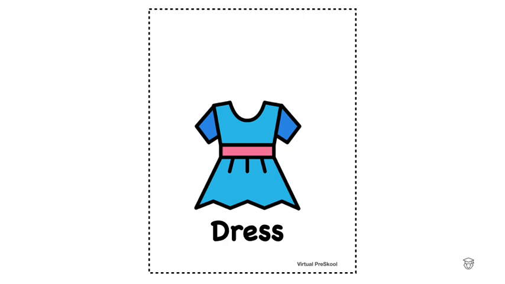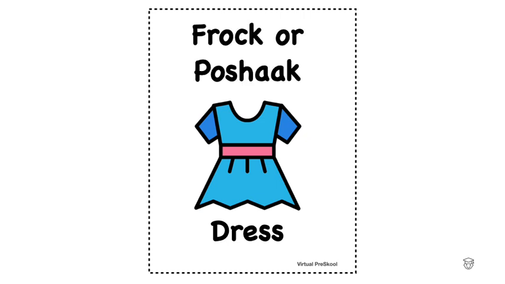All right, let's do the next one. Dress is frock or poshak. And while it's not quite an obvious ullu because it doesn't end with an aa or an ee sound, a good guess for this is that it's stri. Why? Because like the skirt that we did, mostly we see girls wearing dresses.